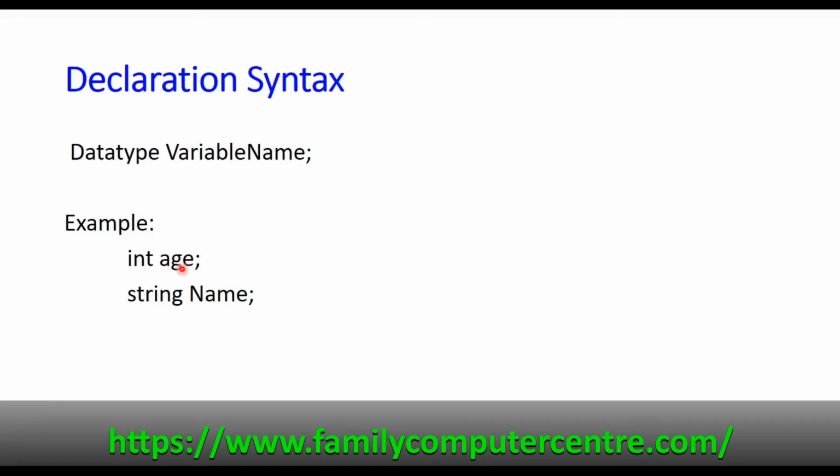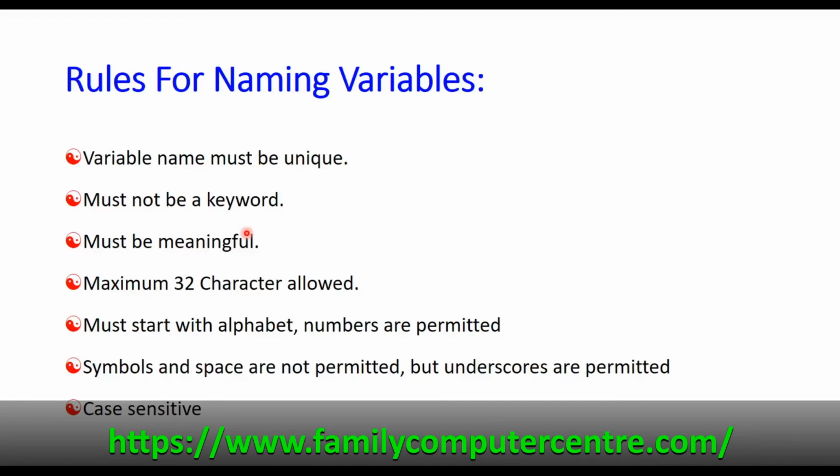Now let's see the rules you have to follow when giving a name for a variable. Rule number one, the variable name must be unique. In your program, if you have declared a variable with a particular name, you cannot declare another variable with the same name. Duplicate names are not permitted in variable declaration. The second rule is that the variable name must not be a keyword.